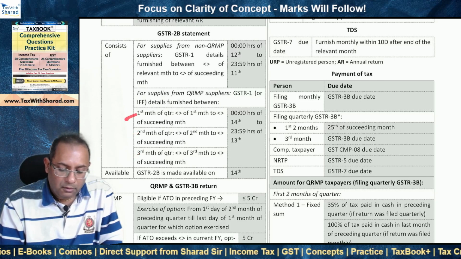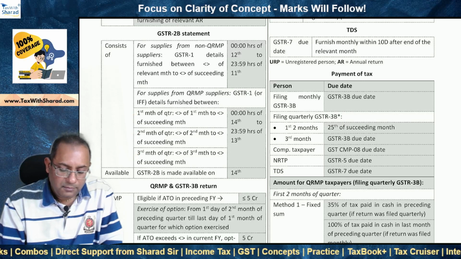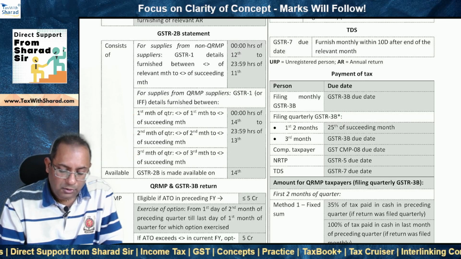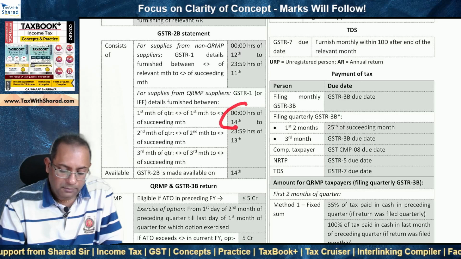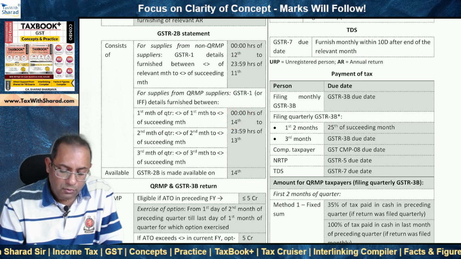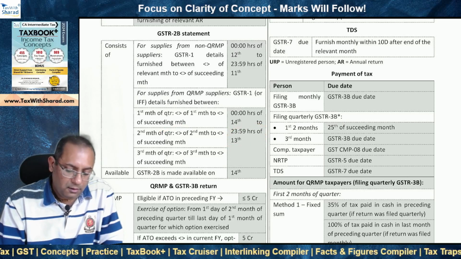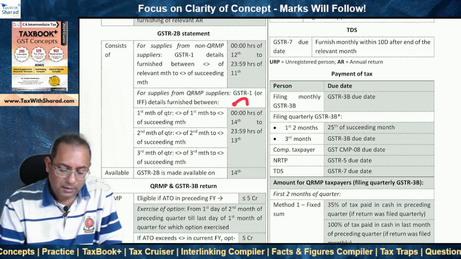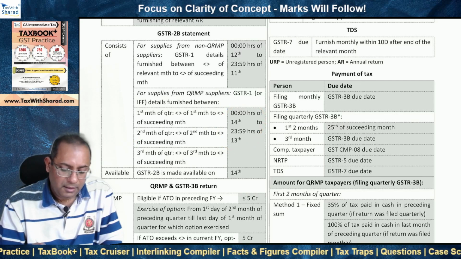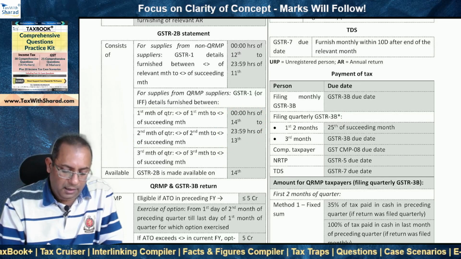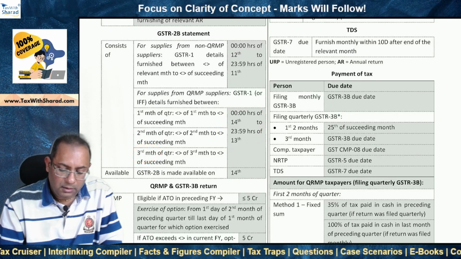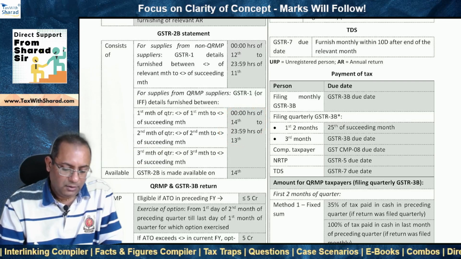So for the first month of the quarter, GSTR1 details or IFF details furnished between 0000 hours of 14th to 23:59 hours of 13th of the succeeding month. For the second month of the quarter, this date range remains the same. And for the third month of the quarter also, this date range remains the same.